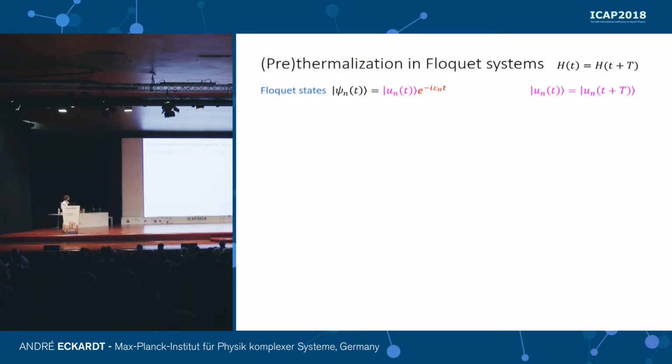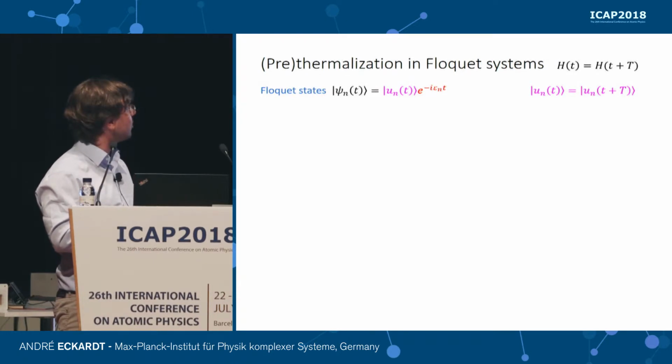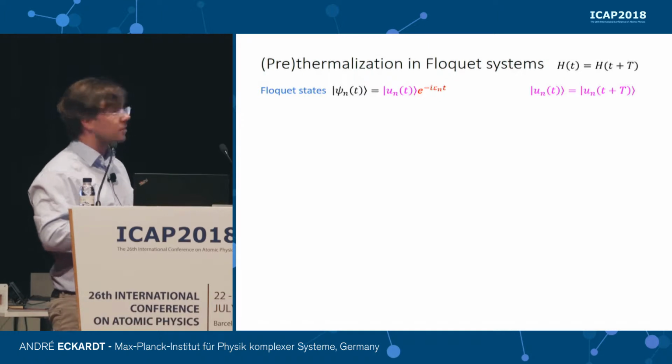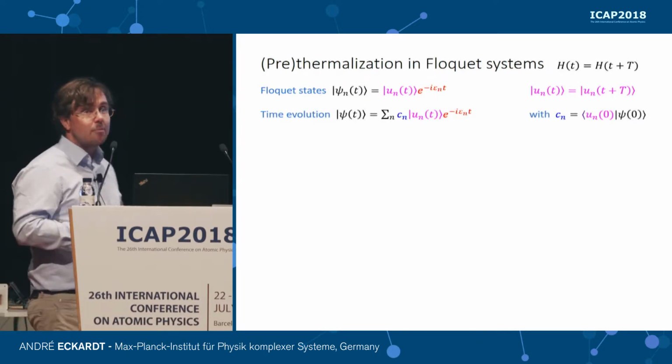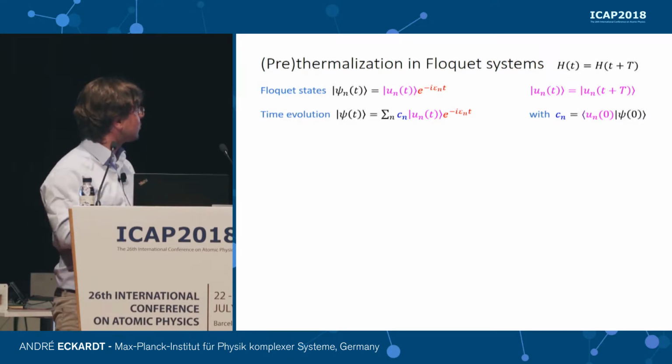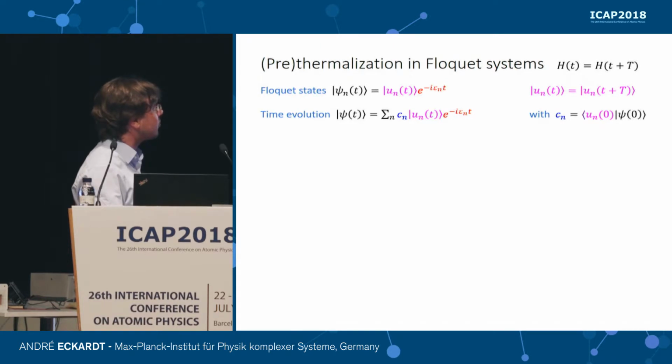So first of all, there are generalized steady states in this system, which are Floquet states. They consist of a Floquet mode, which is time periodic, and a quasi-energy, which characterizes this phase factor, similar to an energy. The time evolution of an arbitrary state can be expressed in terms of these Floquet states. So the coefficients just depend on the projection of your initial state onto the Floquet states.